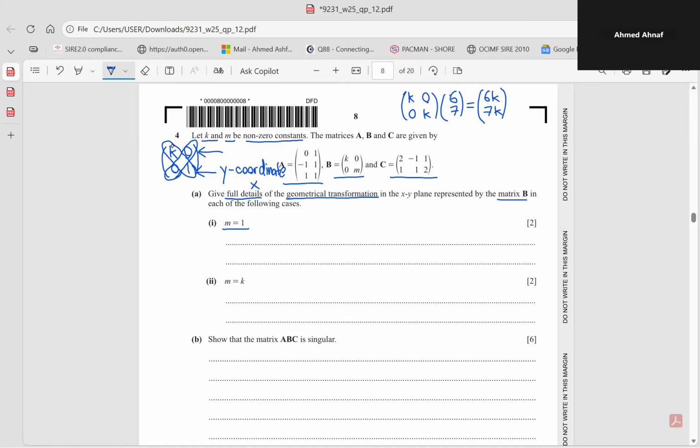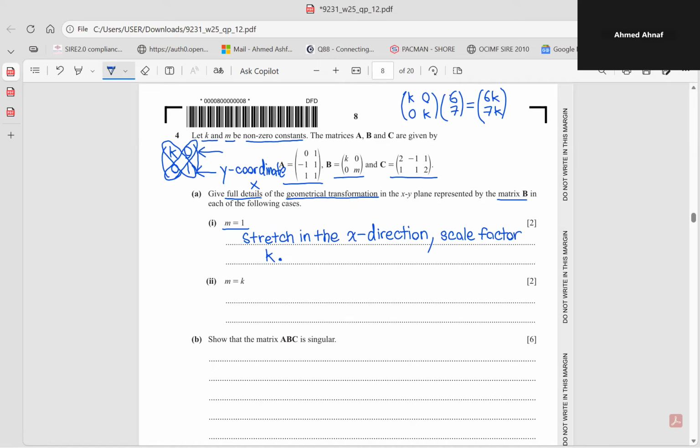So what is happening to the x coordinate? It's being multiplied by k. So therefore, we can say that this represents a stretch in the x direction, scale factor k.